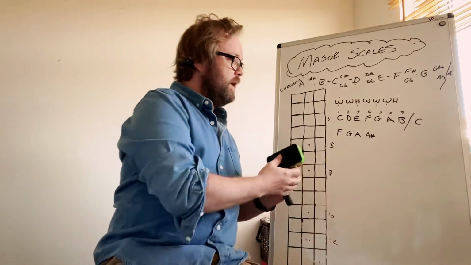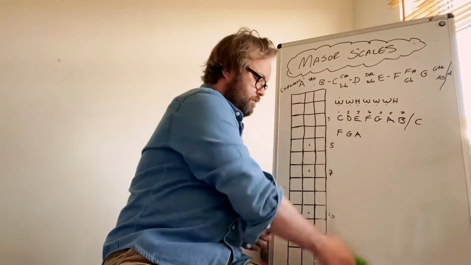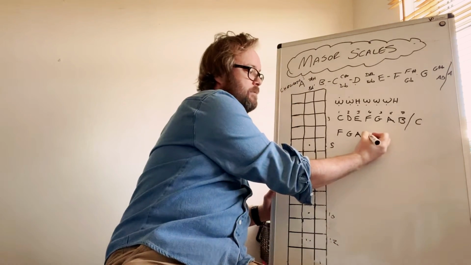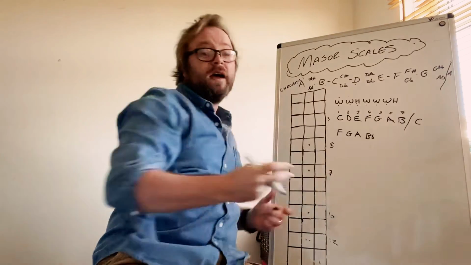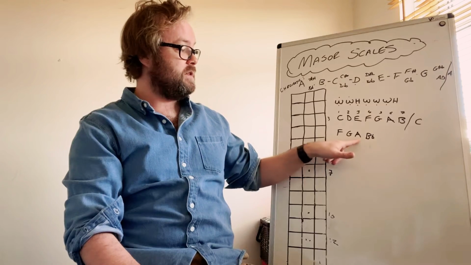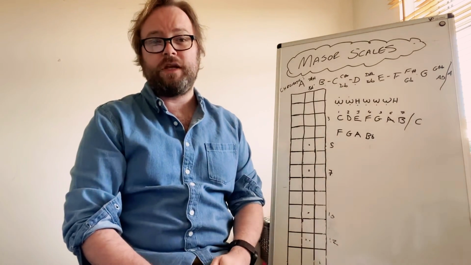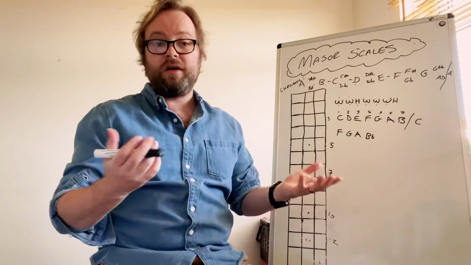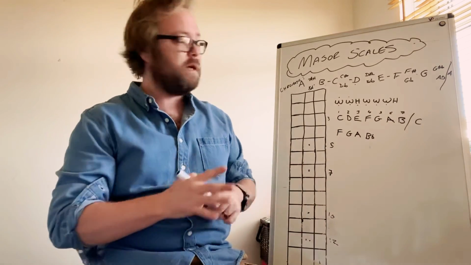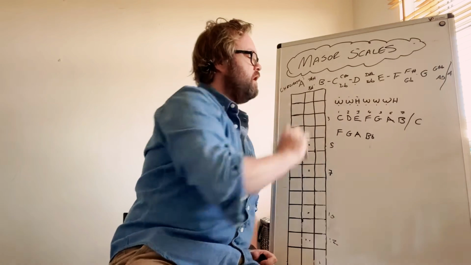Rather than calling it an A sharp, we call it a B flat. Exactly the same note, right? But it just means that we've got 2 different letters here, so it's a lot less confusing when you read it on the stave. And that's why it's a flat and not a sharp. It's that simple in every key. I'll show you another one in a minute so you can see that. So that's our half step.